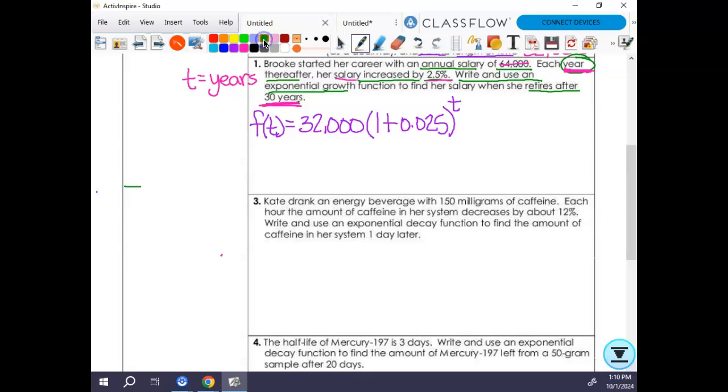And since this t I know is years, when I substitute in f of 30, this equals 32,000 times. Now, if I'm going to put this in the calculator, I could leave it like it is, but I could also write 1.025 to the 30th power.